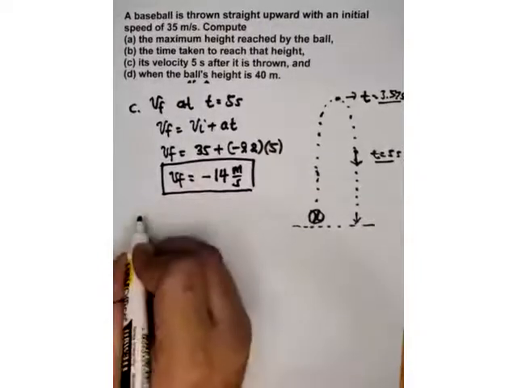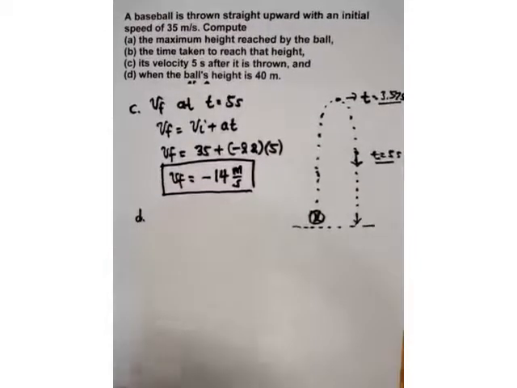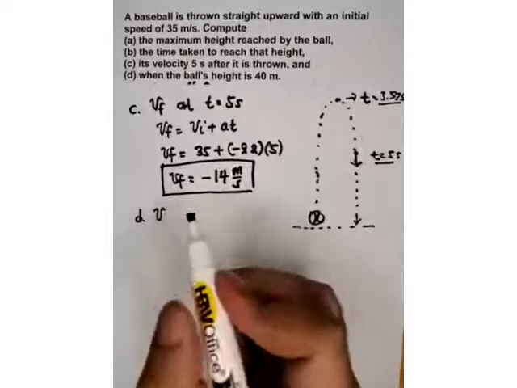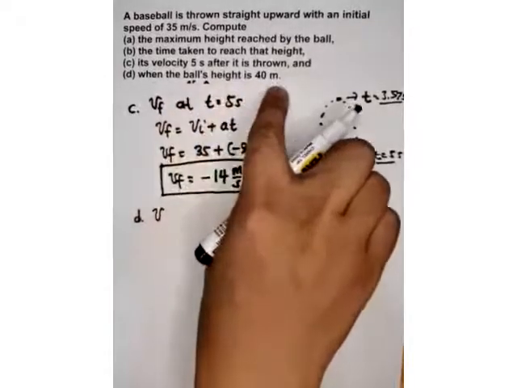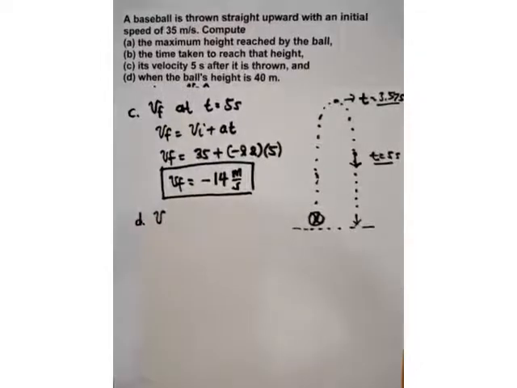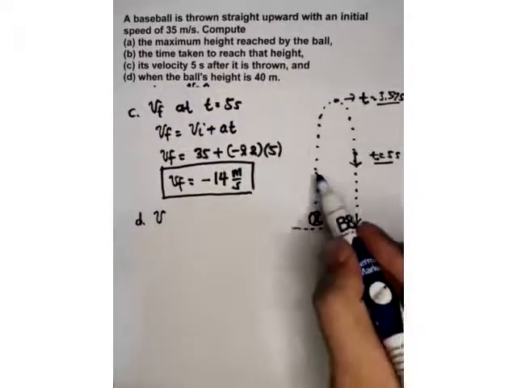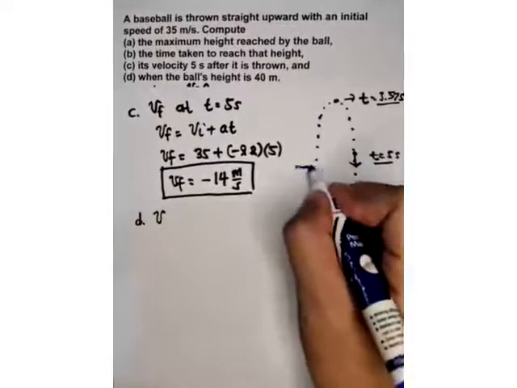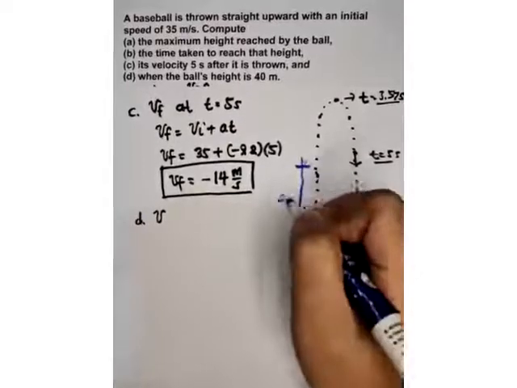Sa letter D naman, it's the same. What is the velocity when the ball's height is 40 meters? Ano daw yung velocity nung na-reach nung bola yung height na 40 meters? Example, di ba umaakyat siya? Alimbawa sabihin na natin, ito yung 40 meters.